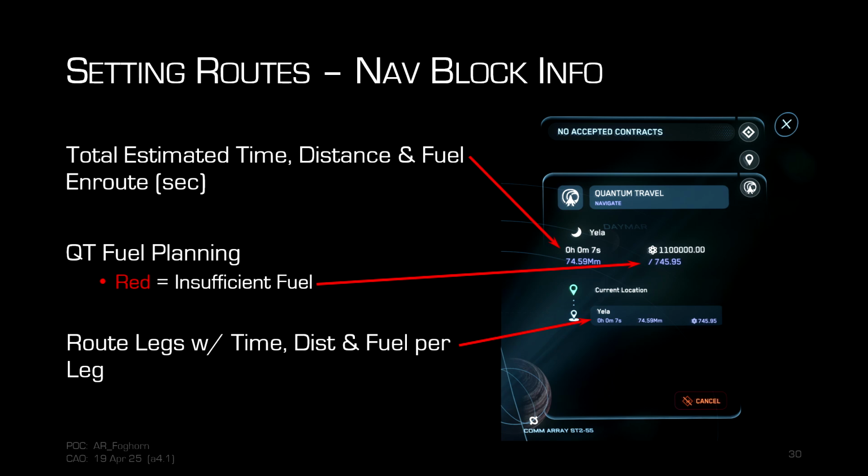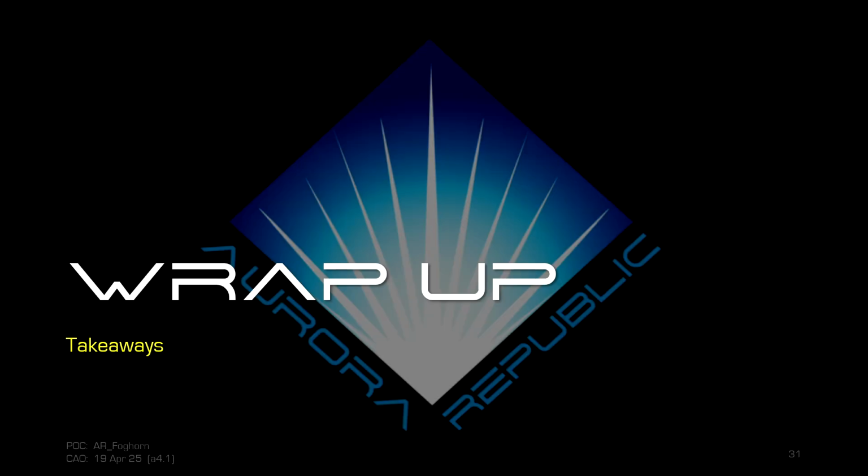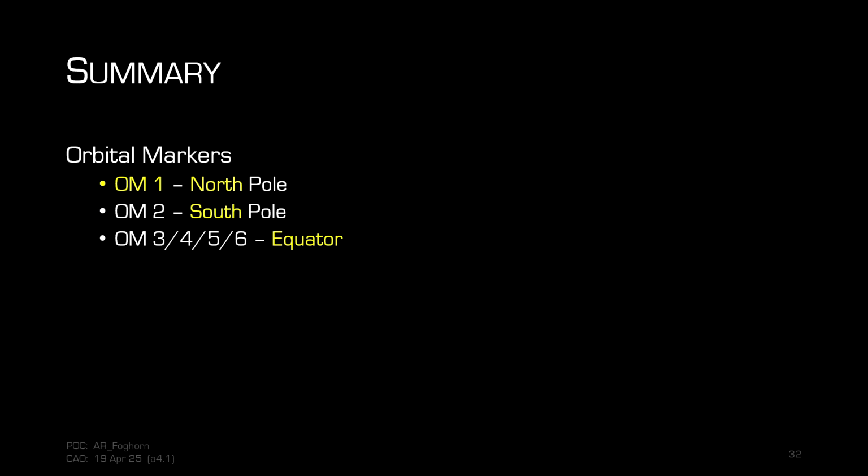So that's a fastest-case number, as if you could immediately come out and get right into quantum travel for the next leg. So take that number knowing you might take another 30 or 45 seconds depending on how fast you can make those transitions between legs.